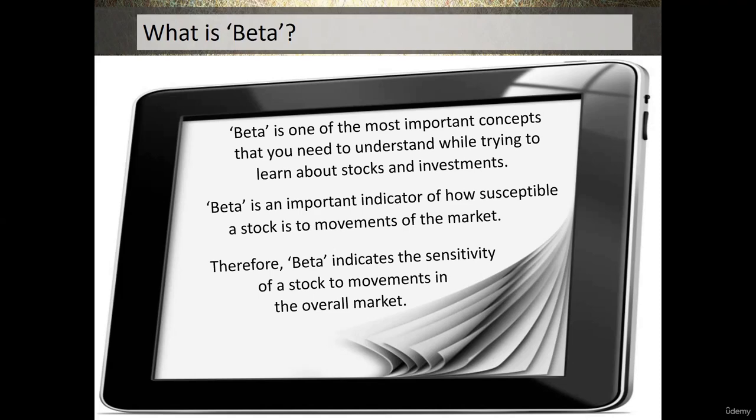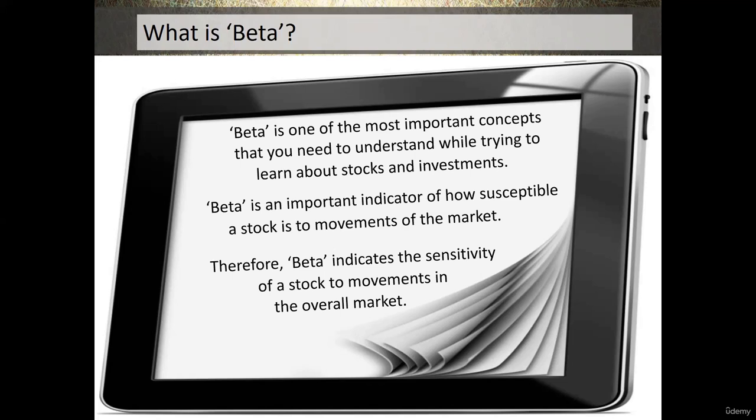First question. And then second is, in whatever direction it will move, by what percentage it will move. All right. Here I want to see how sensitive this stock is with regard to the movements in the market. So beta is the factor which helps us identify this sensitivity level.